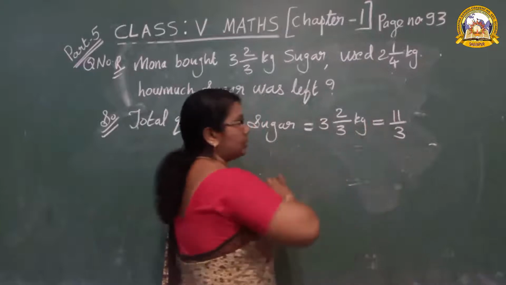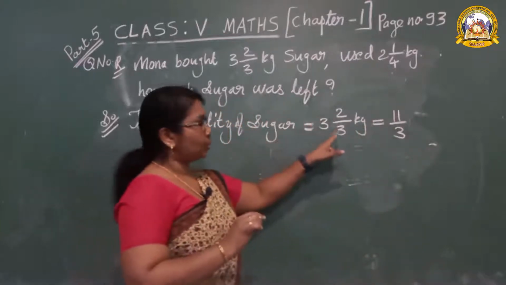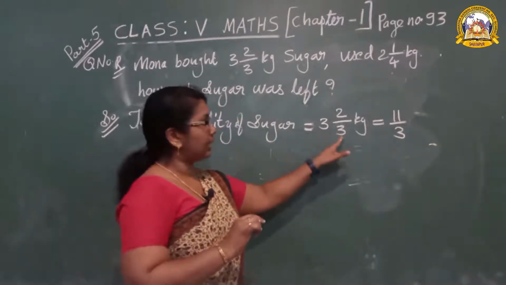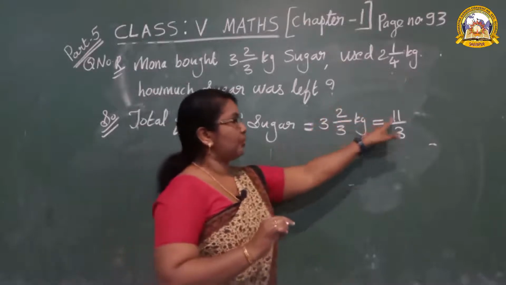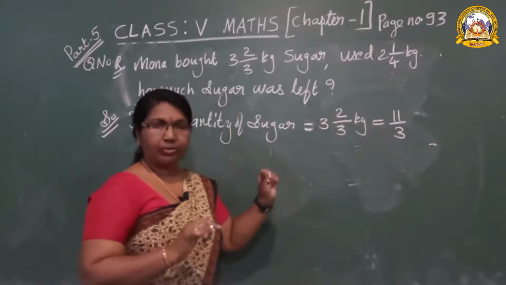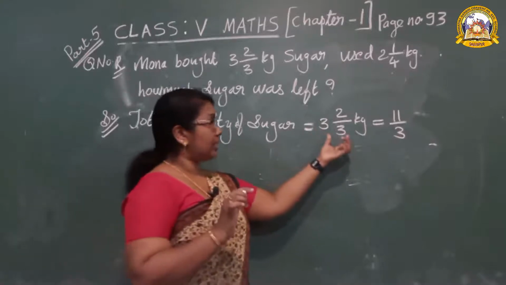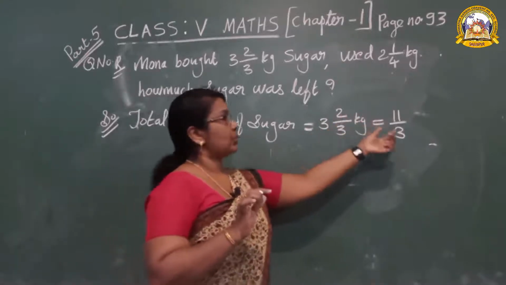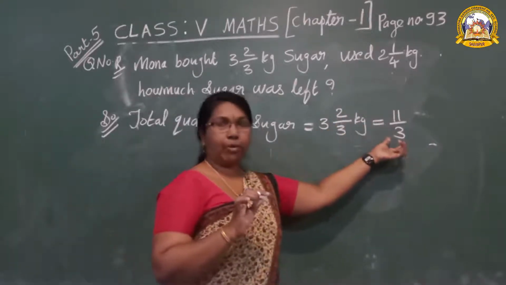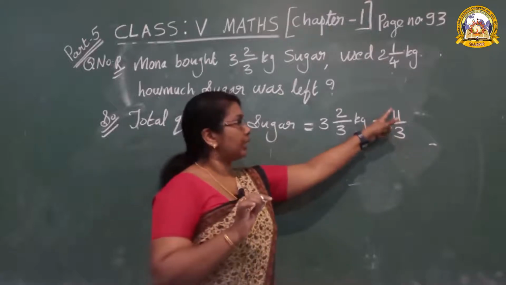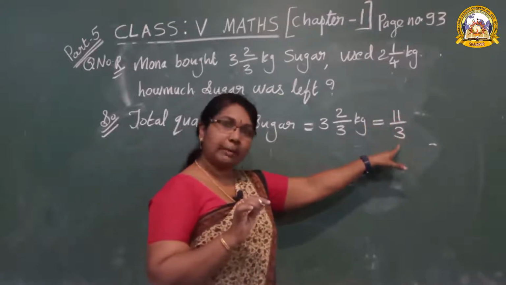The denominator you have to write once here. Once more, 3 3s are 9. 9 plus 2, 11 by 3. While we are solving, my dear students, if there is a mixed fraction, first you have to convert it into an improper fraction. Here the numerator is big, the denominator is small, so it is improper.